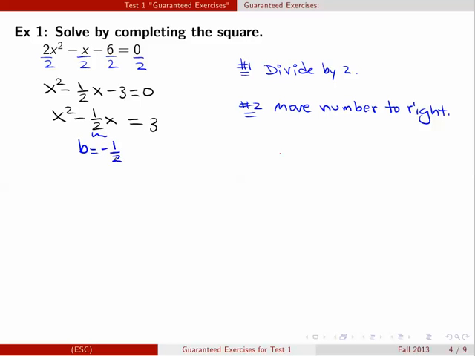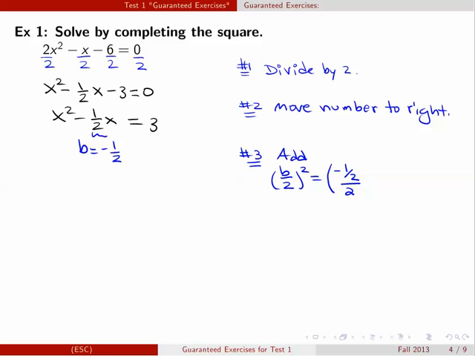And so the next step, which is very crucial, step number 3, we're going to be adding the number b divided by 2 quantity squared, so all of this raised to the second power. For this negative 1 half, the number we need to add is negative 1 half divided by 2.